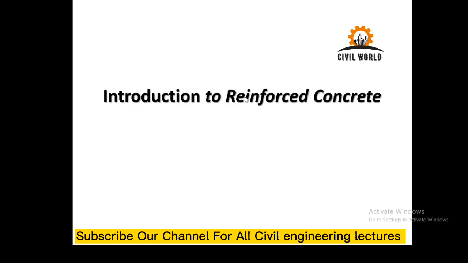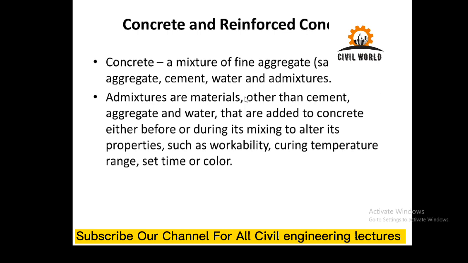So, starting with the introduction of reinforced concrete. First of all, what is concrete? It is a mixture of fine aggregate in the form of sand, then coarse aggregate, which may be natural or crushed aggregates, and then cement and water are added. They are mixed in specific proportions to come up with the concrete, and some admixtures may also be added for additional purposes.